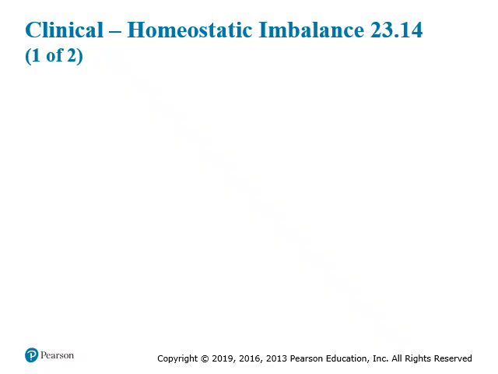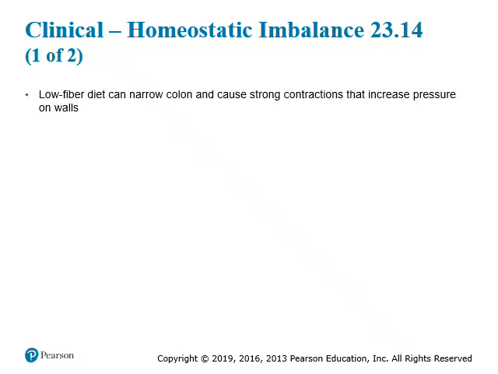Let's go to the homeostatic imbalances. Now, a low fiber diet can narrow the colon and cause strong contractions that increase pressure on the walls. It can cause the formation of small herniations of the mucosa. They're like pouches, which you call the diverticula.